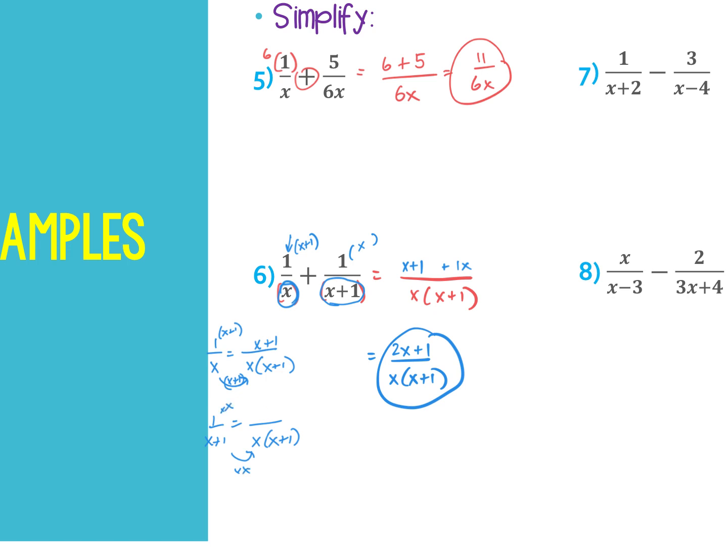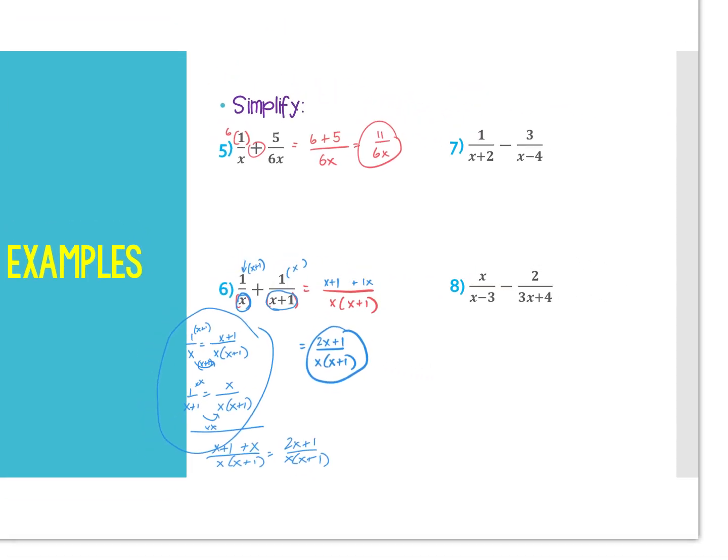So I multiply this one by x and I get it. And notice it's the same thing. It's x plus 1 plus x all over x times x plus 1. But again, I don't have to do all this equivalent fraction stuff. It skips that step but gets me the right answer.